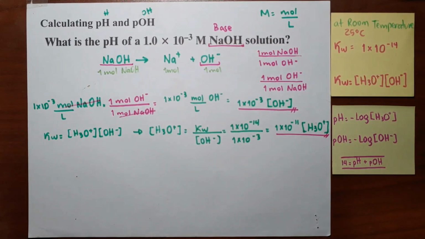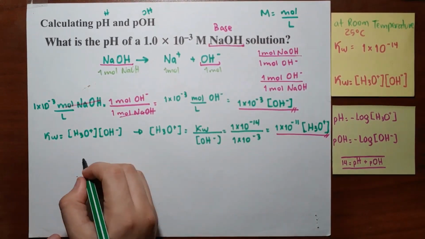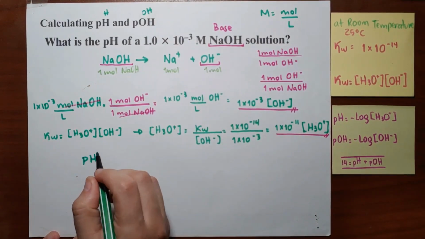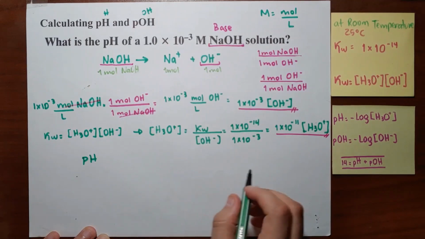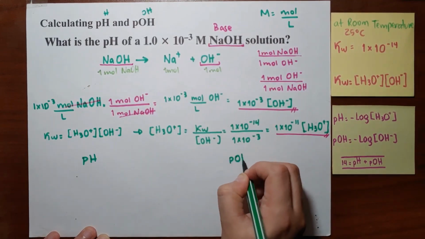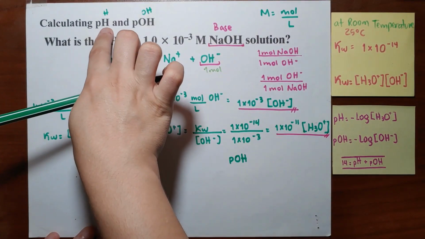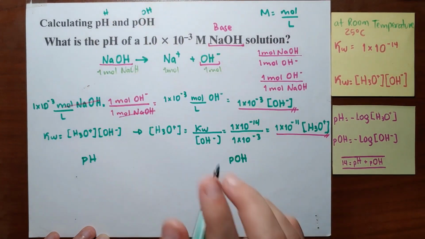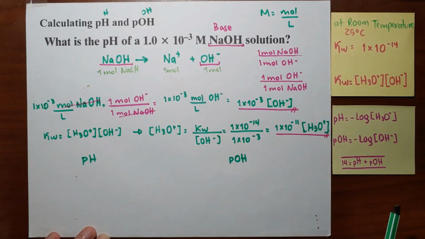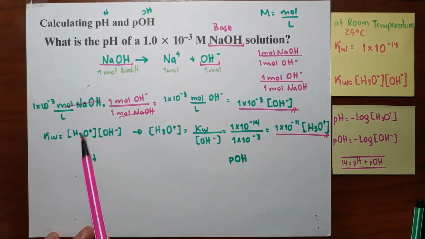Now, let's do this. pH, but I want to know pOH too. I know that this is just asking for pH, but I'm teaching you how to get pH and pOH, which is basically the same procedure, very, very similar, by the way.